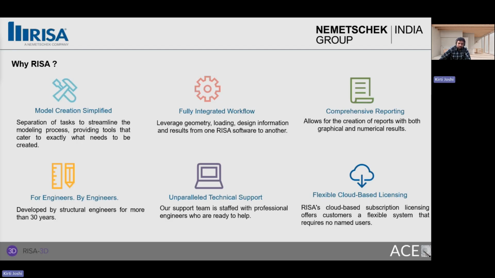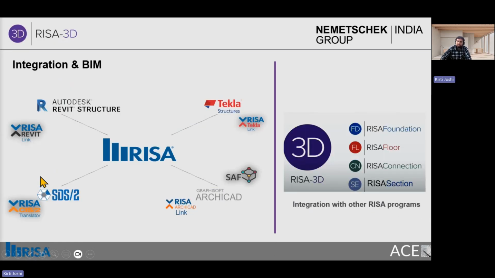So moving to the next slide. Here is the integration part, the integration of RISA 3D. You can integrate RISA with other tools like Autodesk, Revit, Tekla, a software called STS2, ArchiCAD, and Excel.